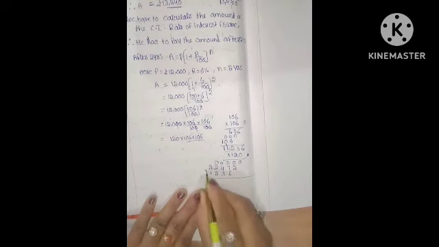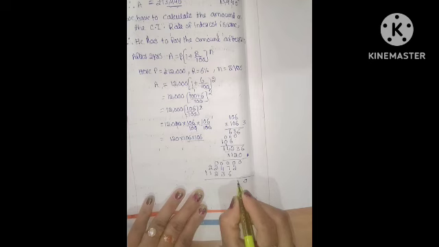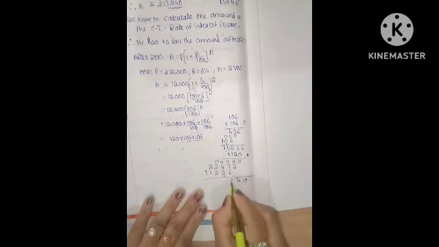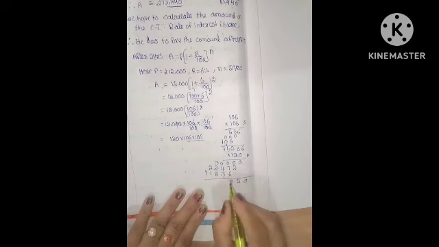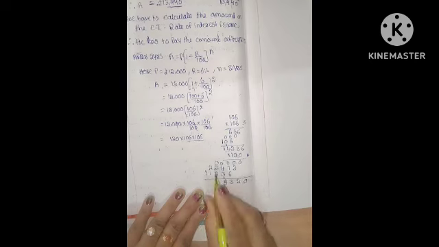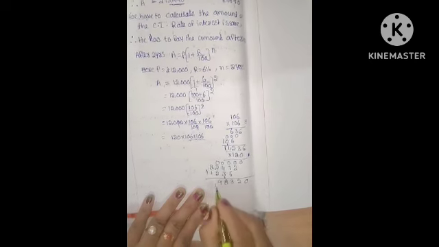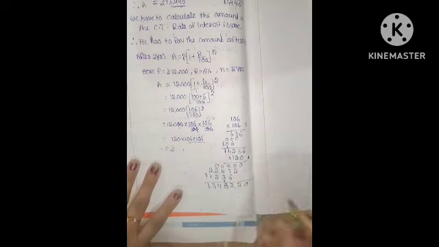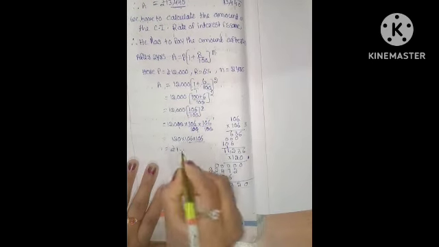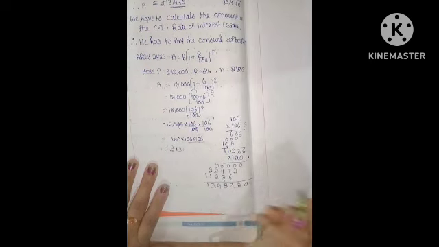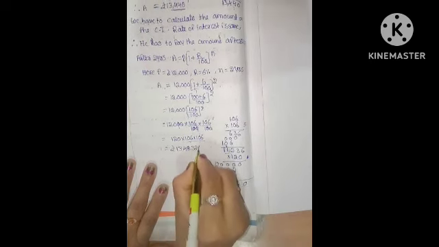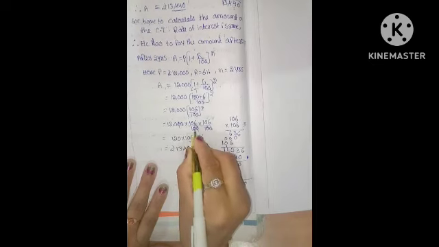So the sum of these three terms: 0, and next 2. 7 plus 6 is 13. 4 plus 3 is 7. 7 plus 1 is 8. 2 plus 2 is 4. 2 plus 1 is 3. 1 as it is, write it. How much value do we get? This amount is 13,48,320.